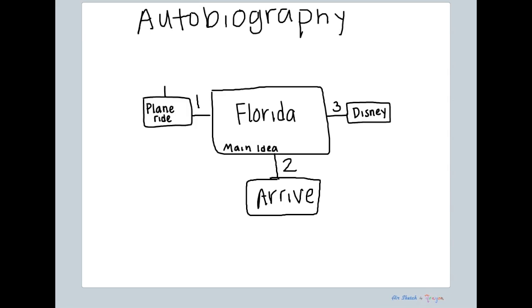So one of the first things that I want to talk about is the airport. And maybe even about the security. Once I have that done, I can go ahead and box it off.